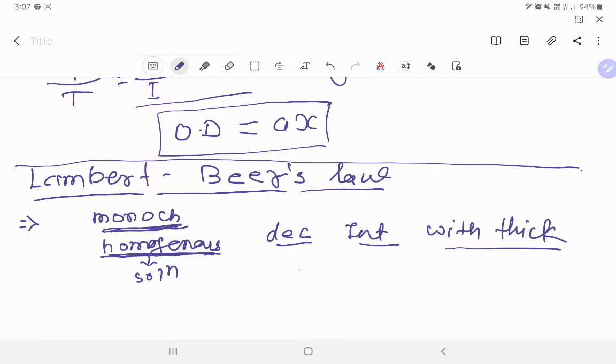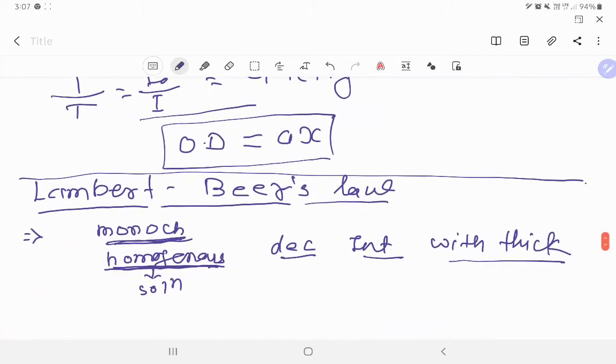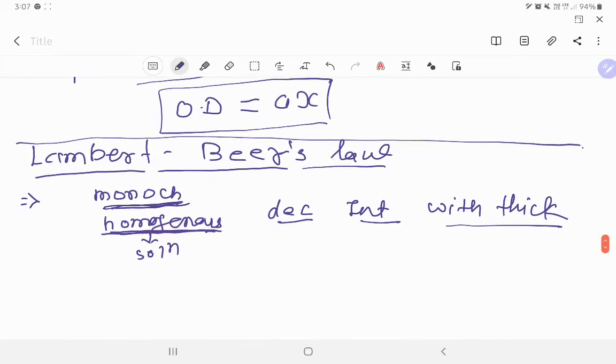Here you have to say solution instead of homogeneous substance. Okay. The decrease in intensity of radiation with thickness of absorbing medium is directly proportional to intensity as well as, for solution, it is directly proportional to concentration also. This is the Lambert-Beer's law, same as that of Lambert's law.